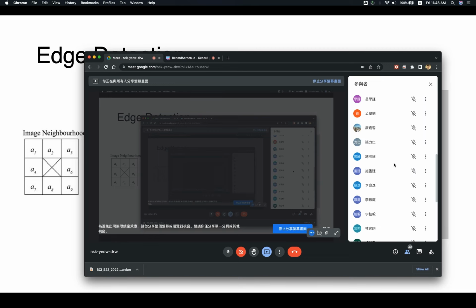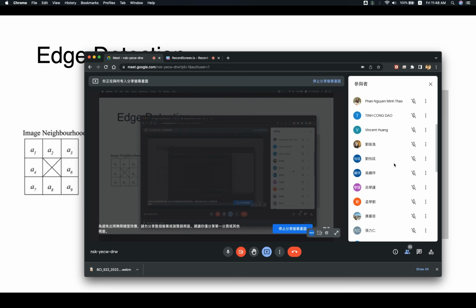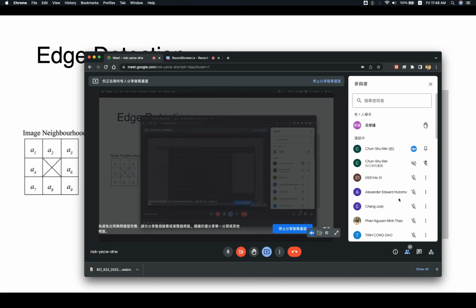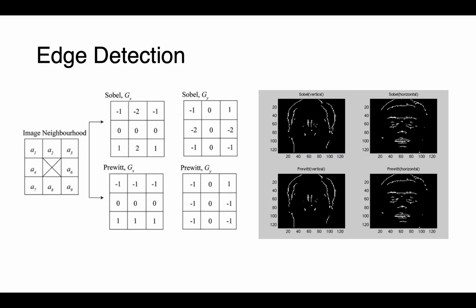We have a volunteer. Liu Xuejun, this one. This is vertical. Could you explain more why you think it's vertical?